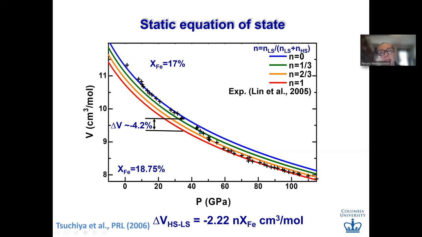So it means that the populations of high spin and low spin iron are changing. In other words, high spin and low spin exist on different ions, and it's not that you have two configurations interacting on the same iron.